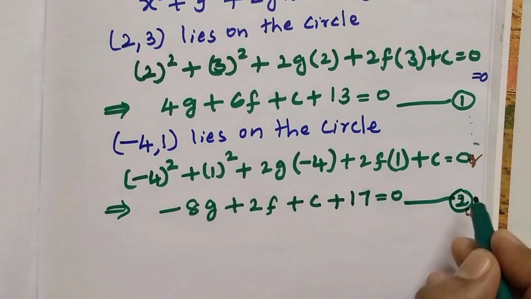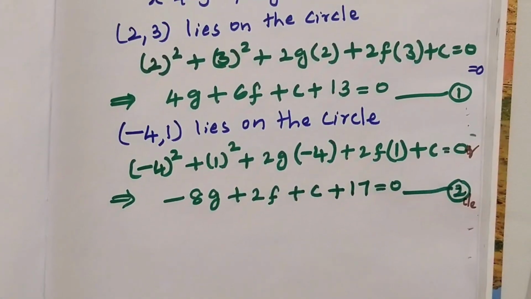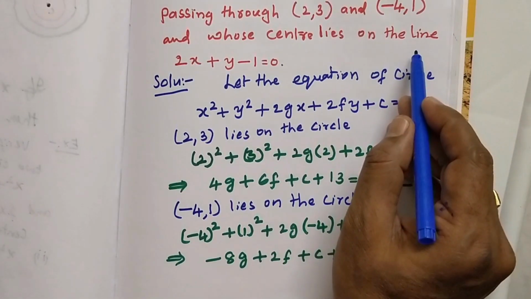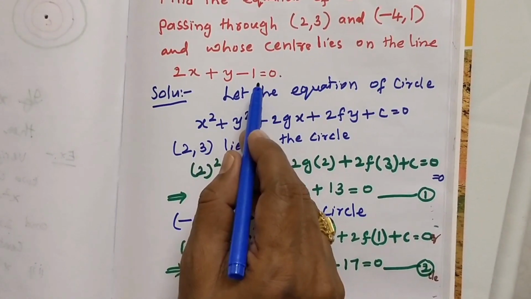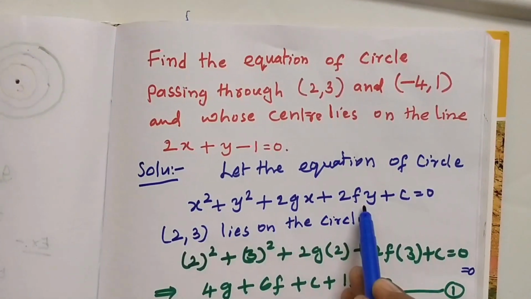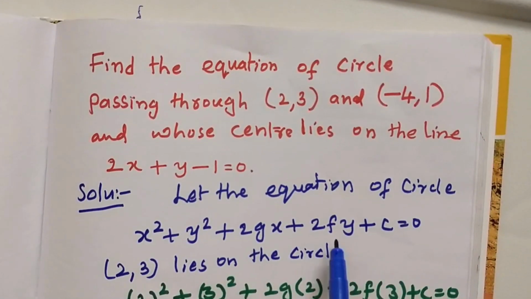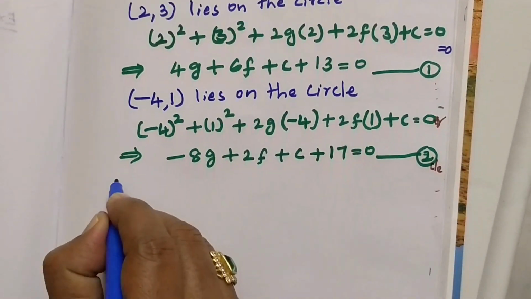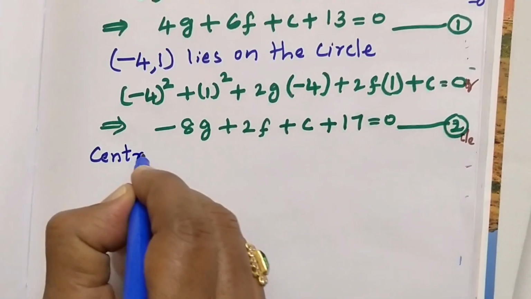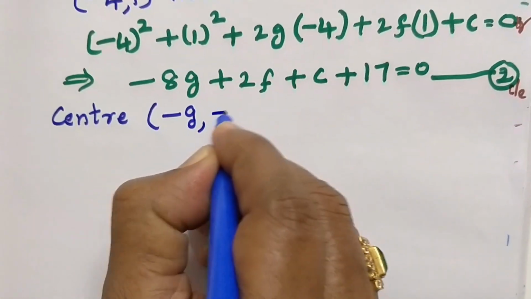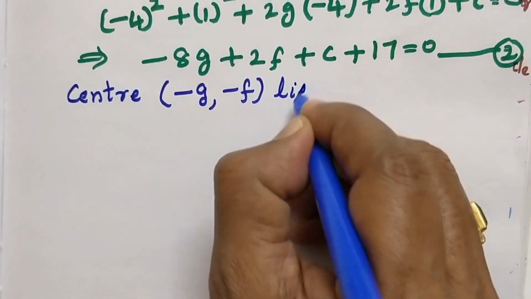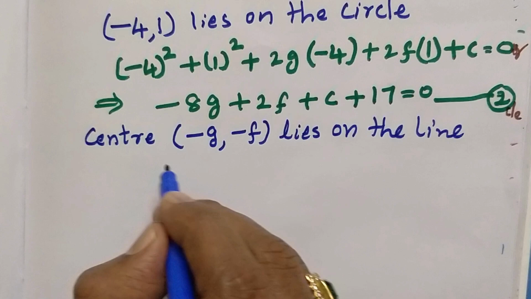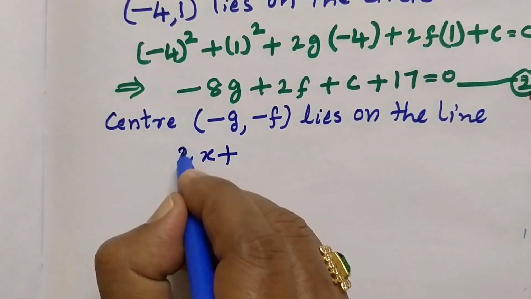And also there is given the third thing, that is center lies on the line 2x plus y minus 1 is equal to 0. What is our center of this circle? That you know, minus g comma minus f is our center, right? Given that center minus g comma minus f lies on the line 2x plus y minus 1 is equal to 0.